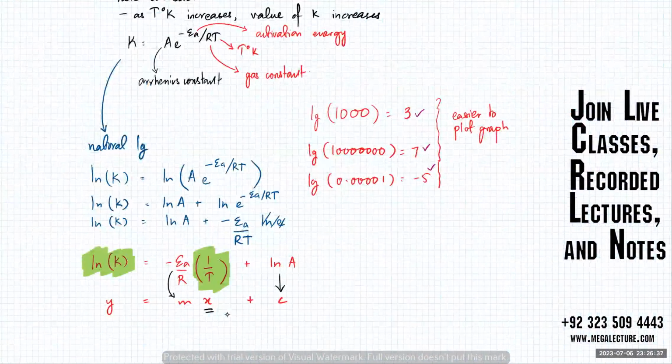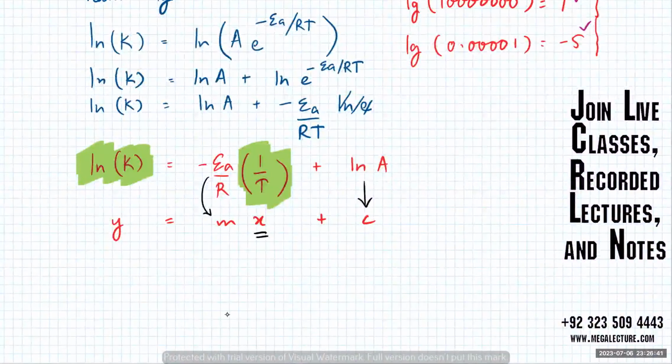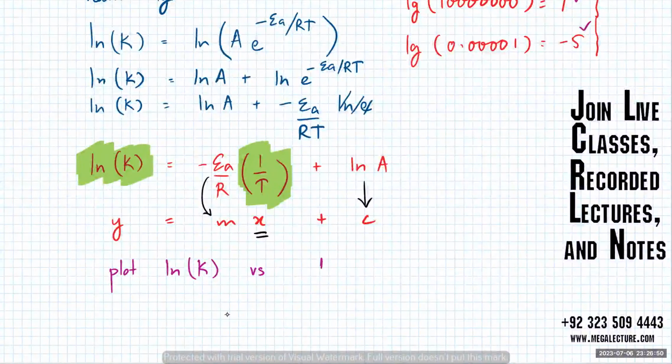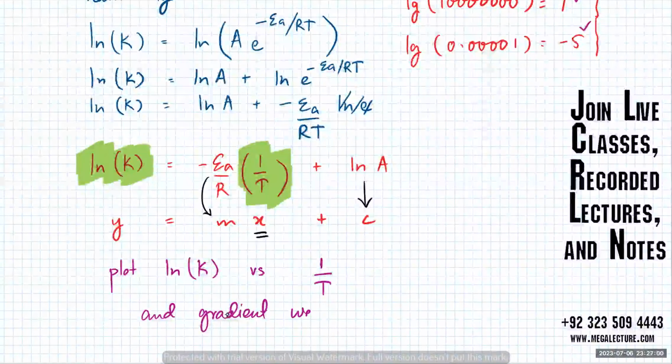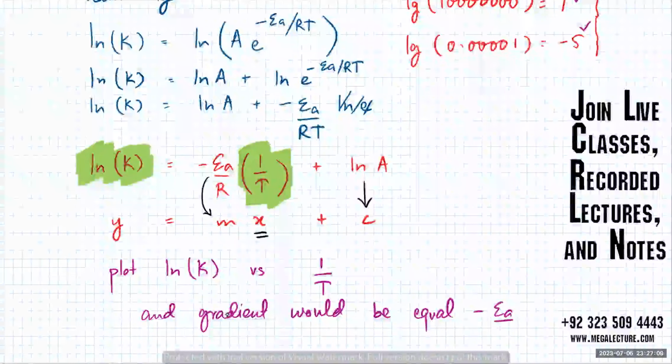So what you have to do is plot ln k versus 1 over T, and your gradient would be equal to minus Ea over R.